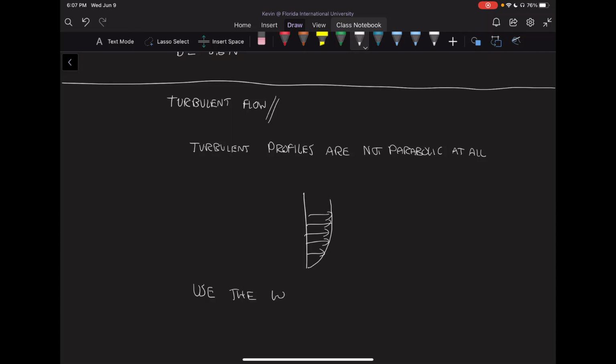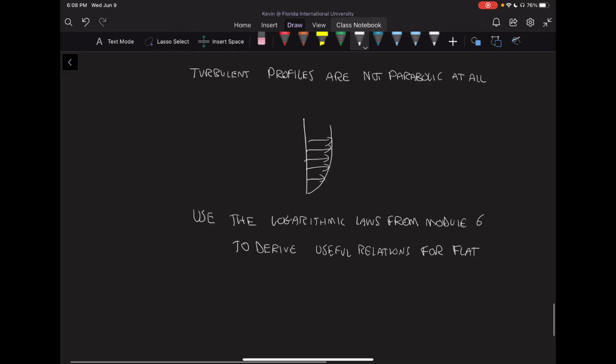So we're going to use the logarithmic laws from Chapter 6 for pipe flow, and we're going to derive some useful relations for flat plate flow once again.